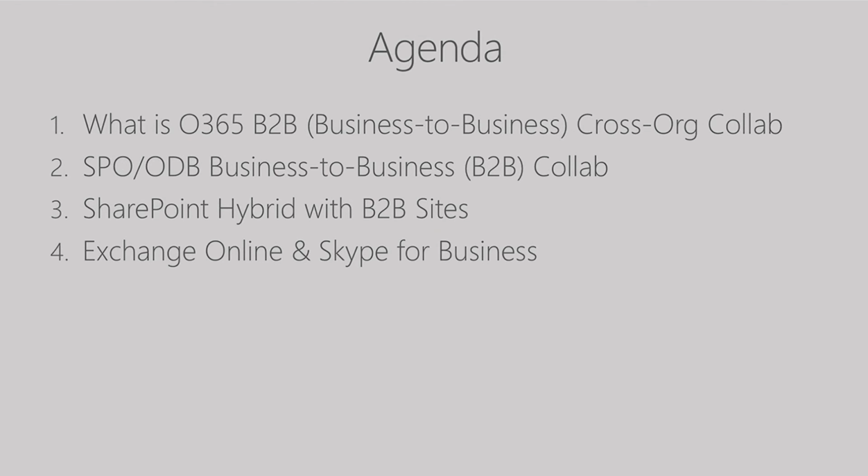Then we will jump into specific key resources, starting with SharePoint Online and OneDrive for Business collaboration, specifically sharing your SharePoint sites or OneDrive for Business documents with external users. Then we will touch base on SharePoint hybrid. It's a very common scenario that in SharePoint on-premises, you might have external-facing sites.